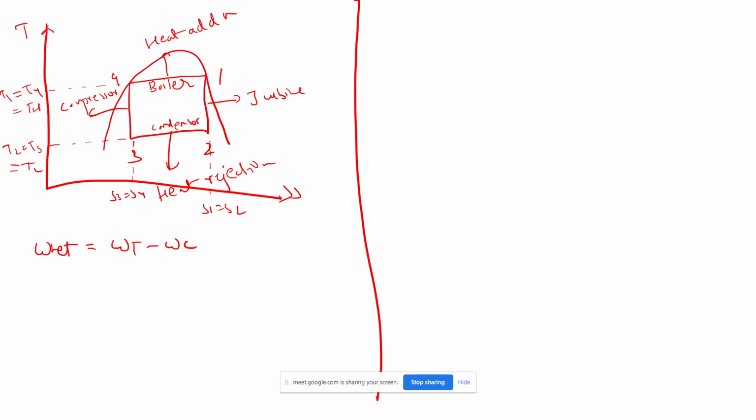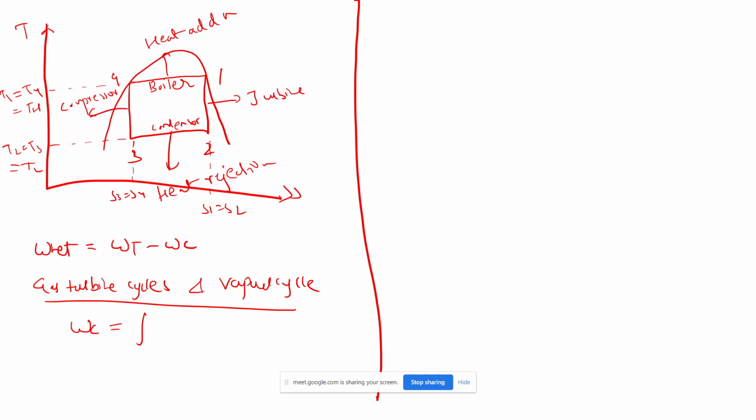Can any one of you tell what is another difference between the vapor cycle and the gas cycle, the turbines working on gas turbine cycles and vapor cycles? The major difference is that in case of a gas turbine, we know that compressor work is given by minus integration V dP.